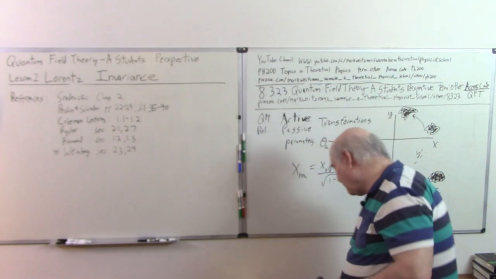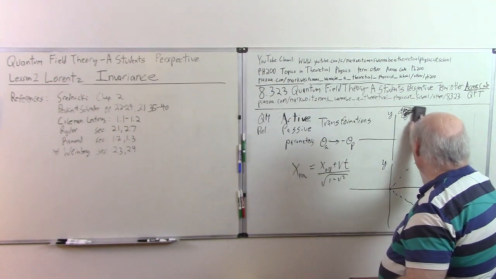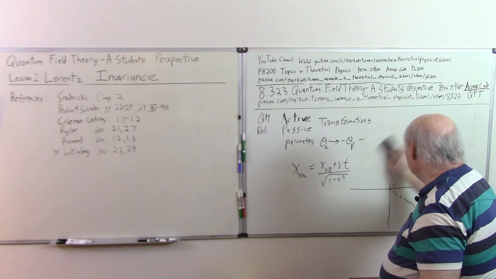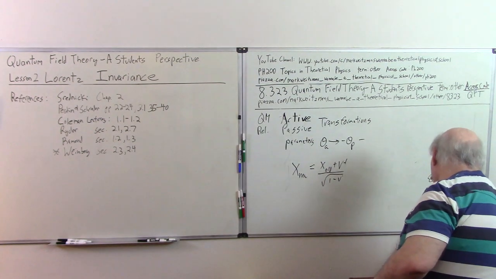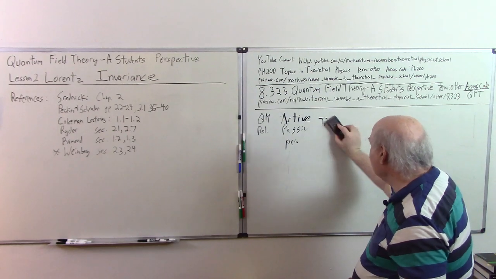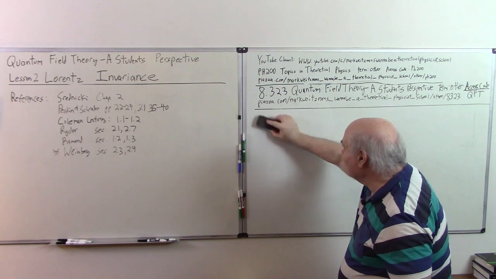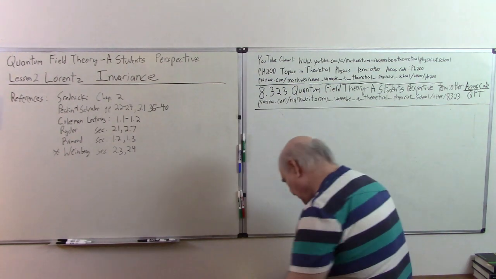Anyway, it's a small point, but you shouldn't let it bother you. And I said, for the most part, most books on QM and QFT and particle physics use the active approach. But I'm not saying they'll never use a passive approach. They might, but most of the time they're using the active approach. Okay.